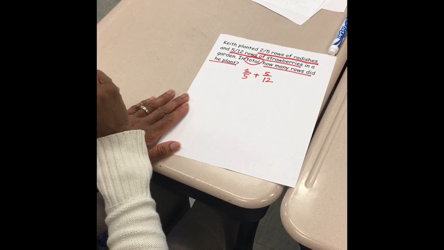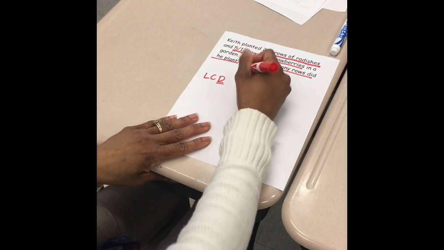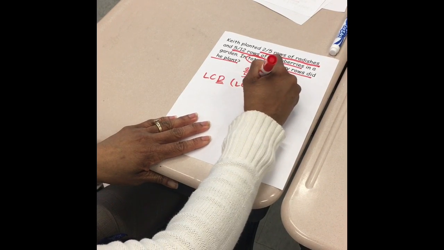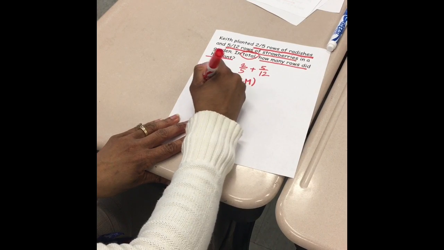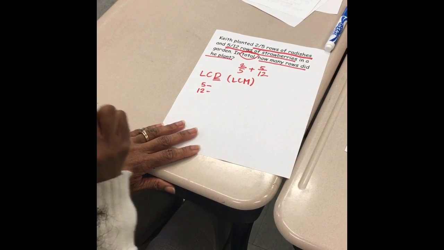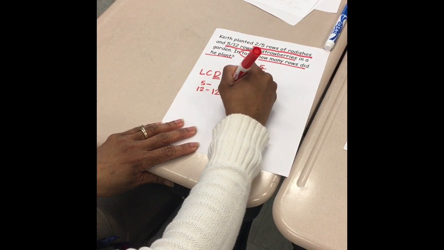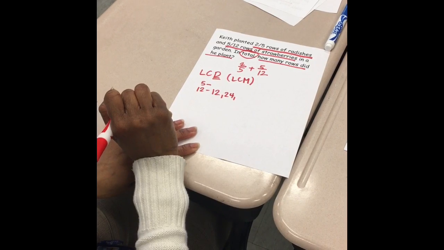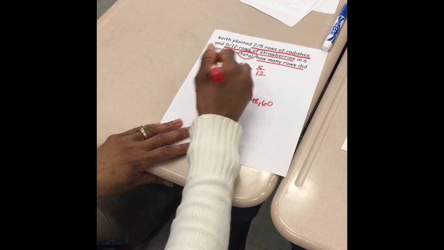First thing we have to do, find that LCD. I know you know it. Remember, it's the same thing as our least common multiple. So we have 5 and 12. 12 is a pretty big number, so I think I'm going to start with 12 first. I'll do my first 5. 12, 24, 36, 48, and 60.